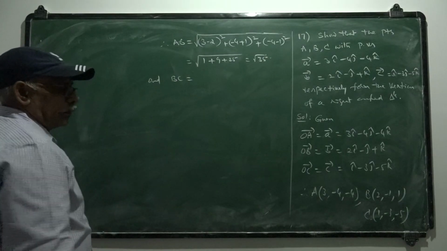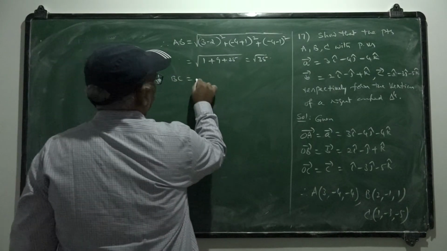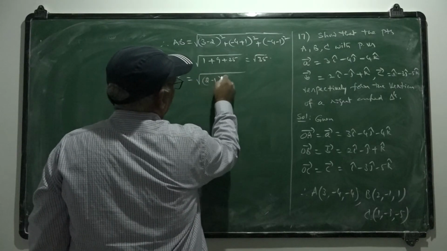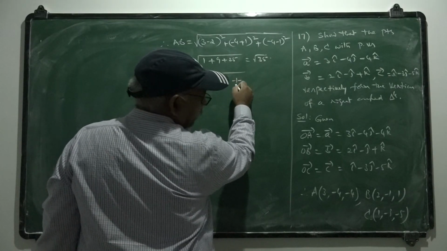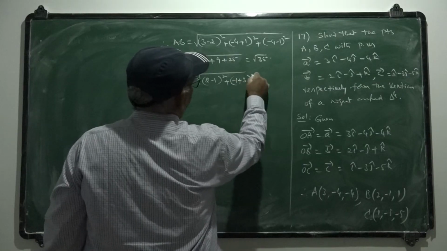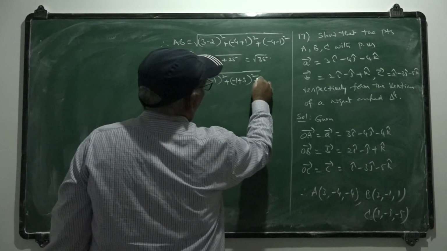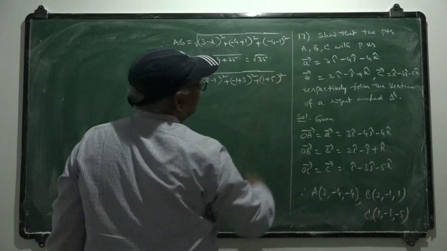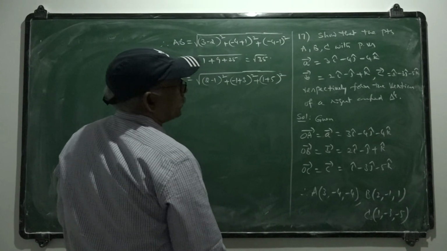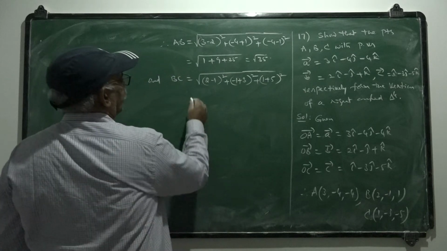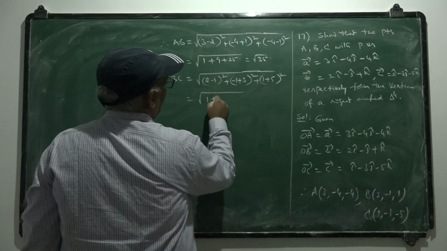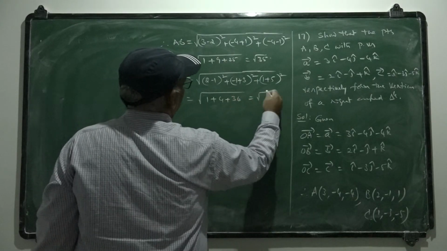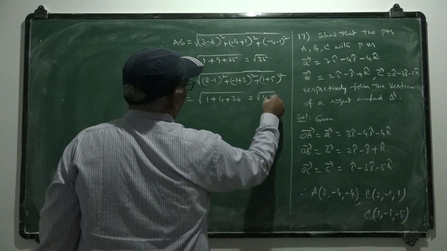The distance between the points B and C is, by the distance formula, (2 minus 1) whole square, (1 plus 3) whole square, (1 plus 5) whole square. This is 1 plus 4 plus 36, which gives us 41.